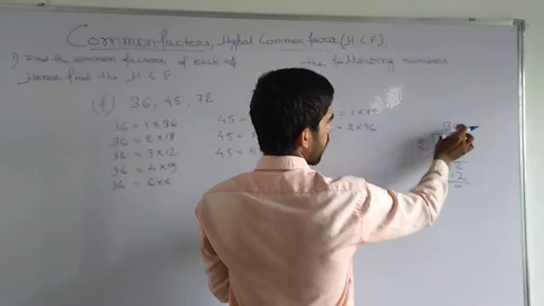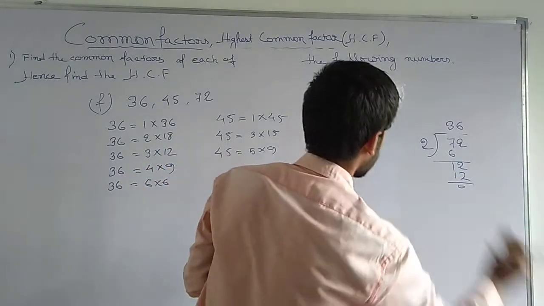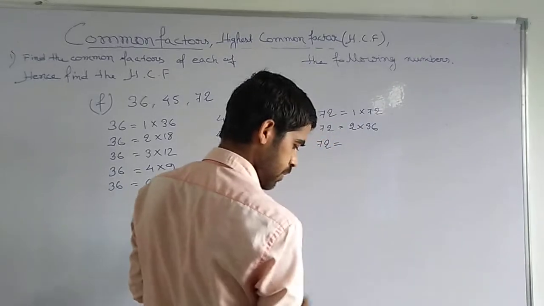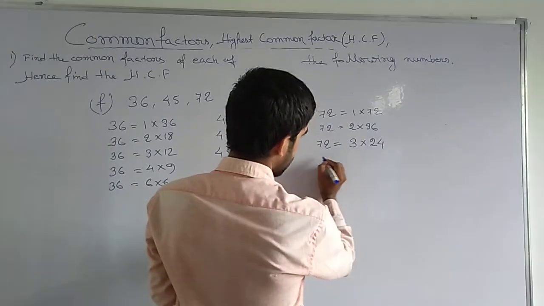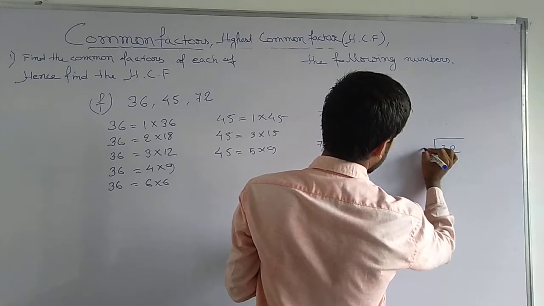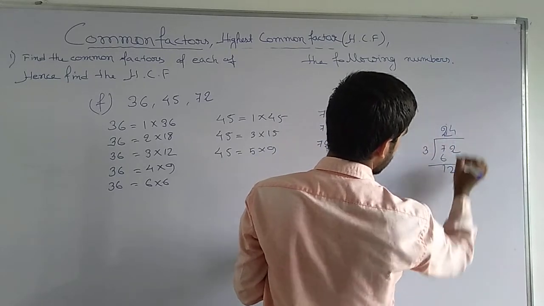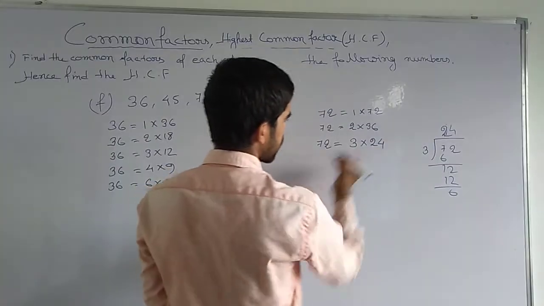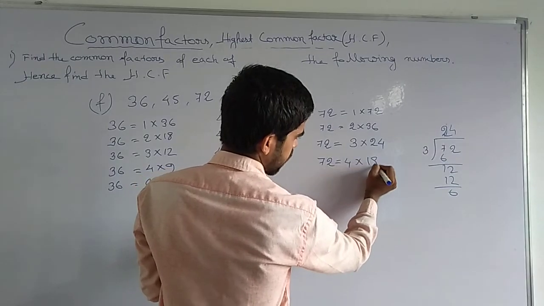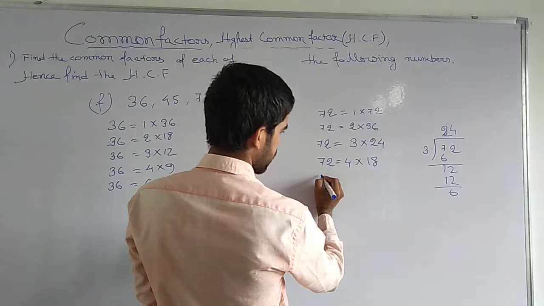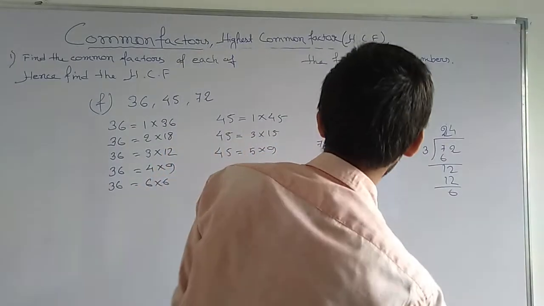So 36 is a factor. Now 3 into 24, 72. Same, 4 into 18, 72. Now 8 into 9, 72. So these are the factors of 72.